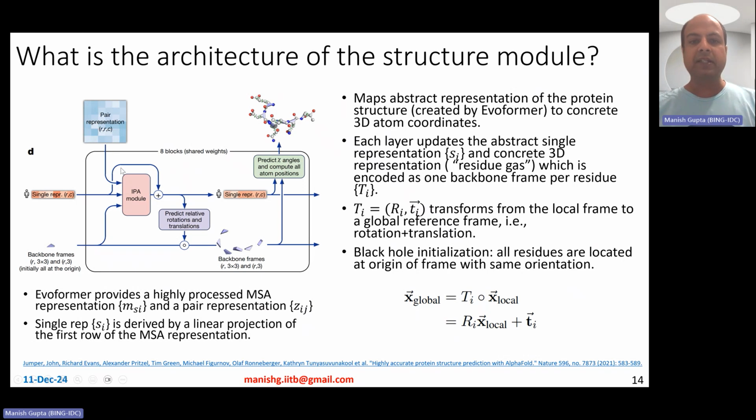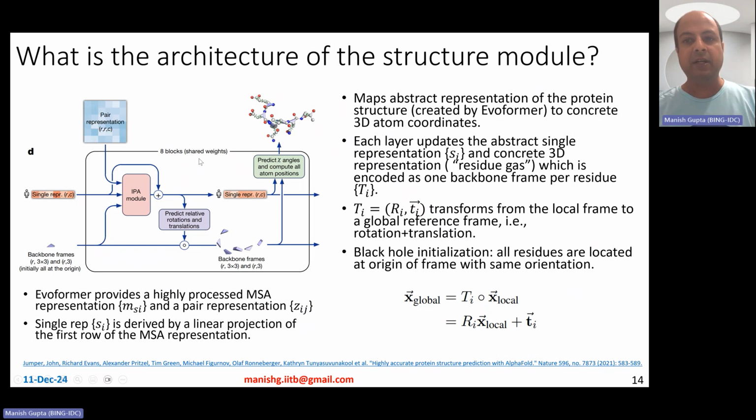What the entire structure module does is map this single representation and the pair representation combined to concrete 3D atom coordinates. The shape of the entire molecule is what is obtained as the output of this structure module. It comprises 8 blocks, and they have shared weights.